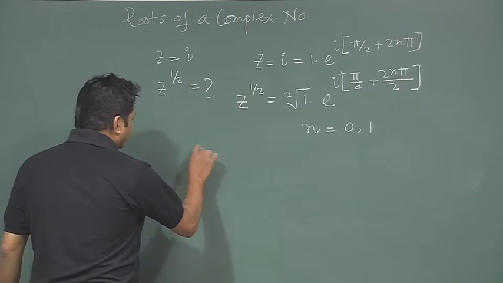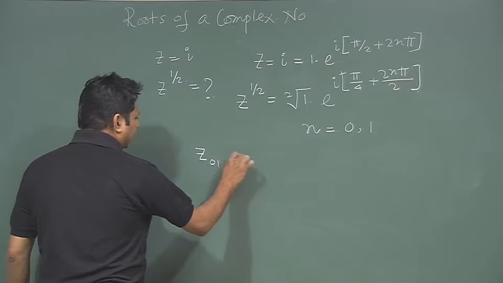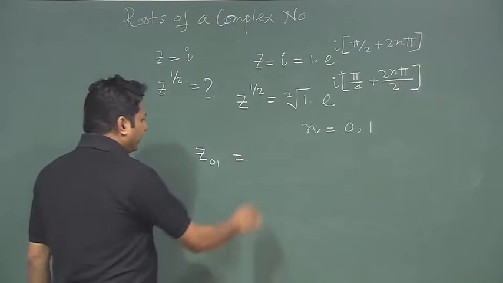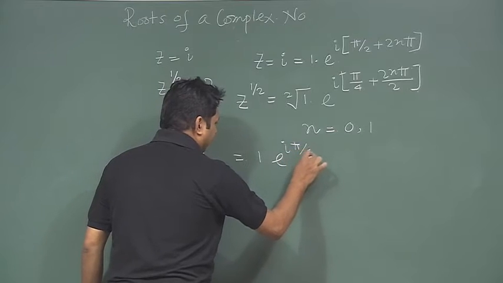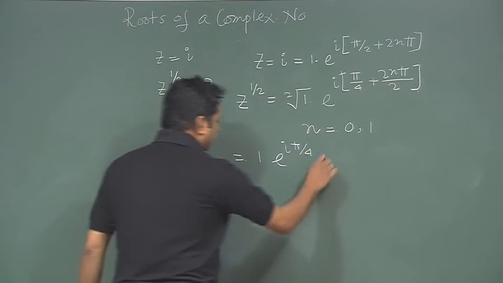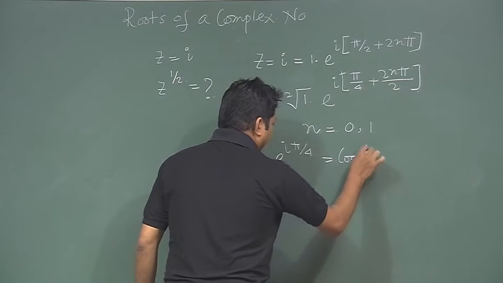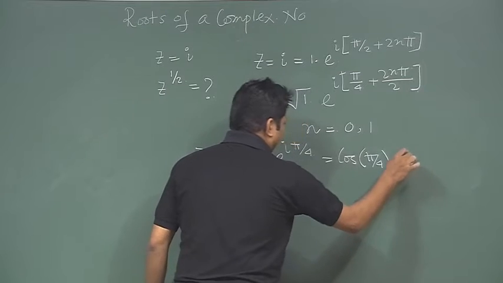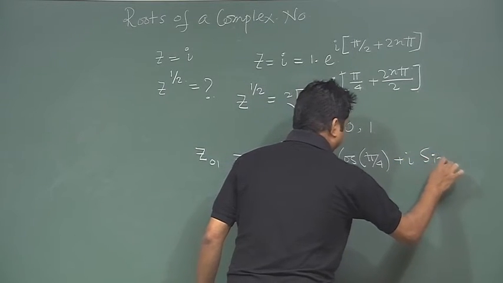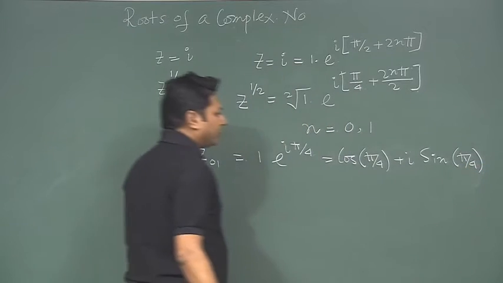So, if I do my first root, z0, this is my first root, it should be 1 times e to the power of i pi by 4, which is how much? Cos pi by 4 plus i sin pi by 4.